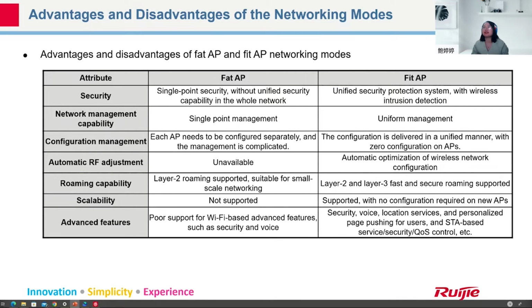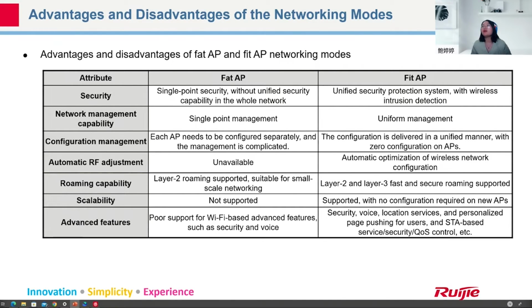But the configuration of the AC is very easy. Let the AP get power and let the AP know the IP address of the AC from DHCP. That's all. Then everything we will get from the AC. You only need to add the configuration on the AC. But about the Fat AP, if you only have one Fat AP, the configuration is very easy and the maintenance is also very easy.